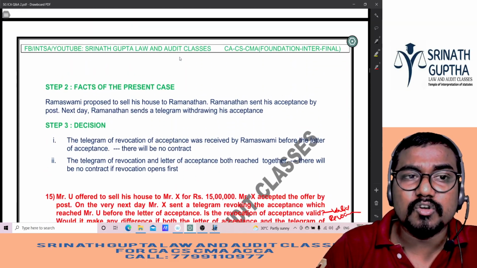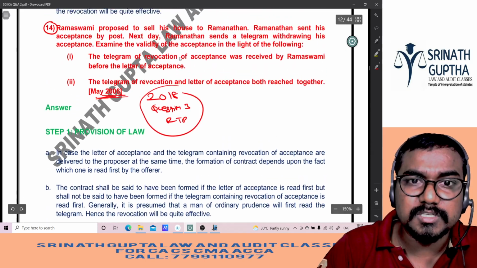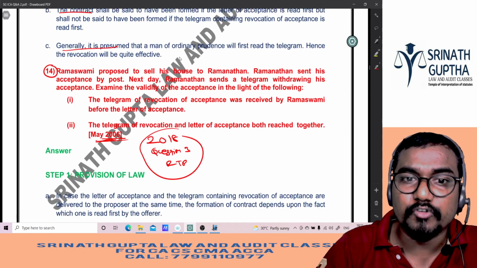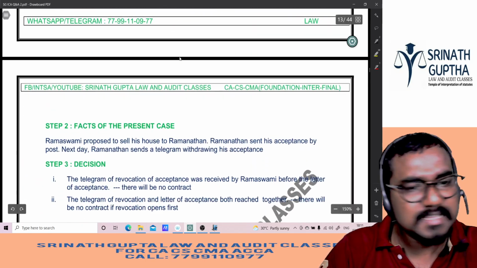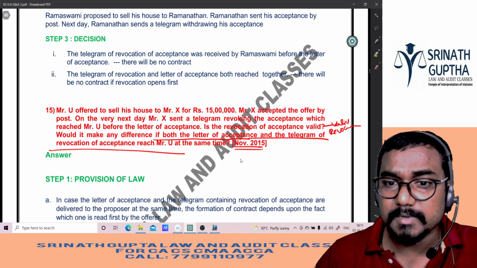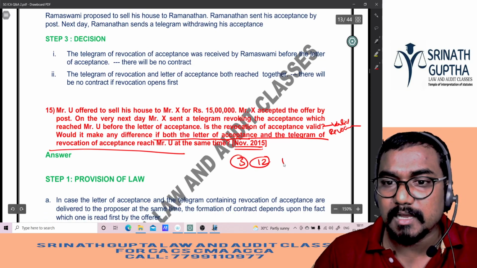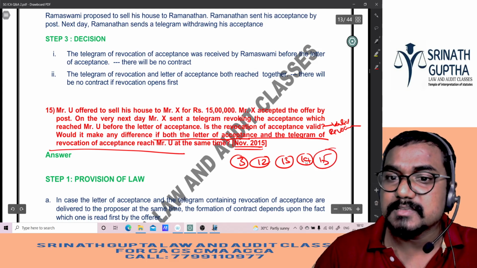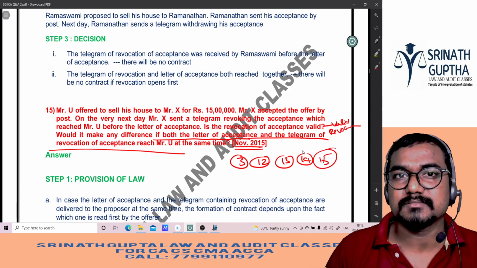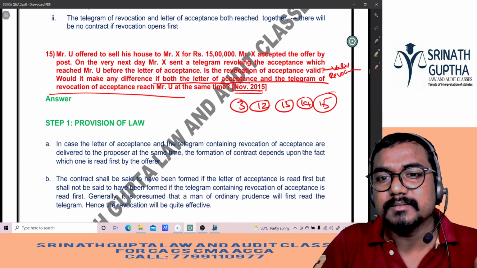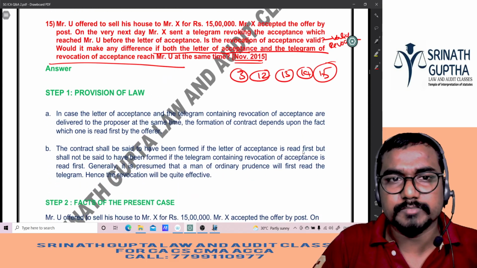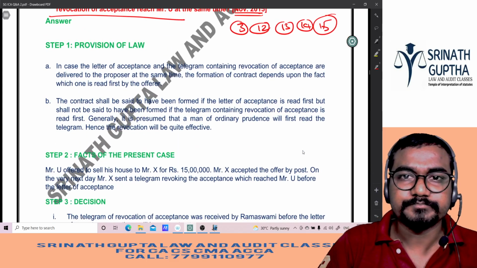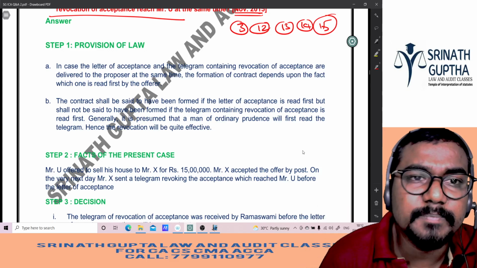Question number 3, 12, 13, 14, 15: exactly the same, ditto questions. है ना? So that's why do the previous exam question papers. ठीक है बेटा? I'll explain once again also, beta.